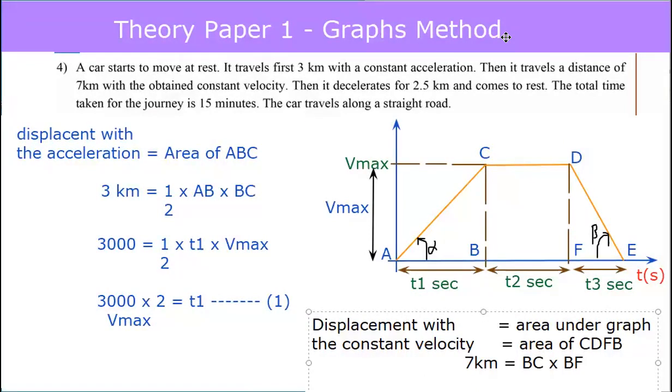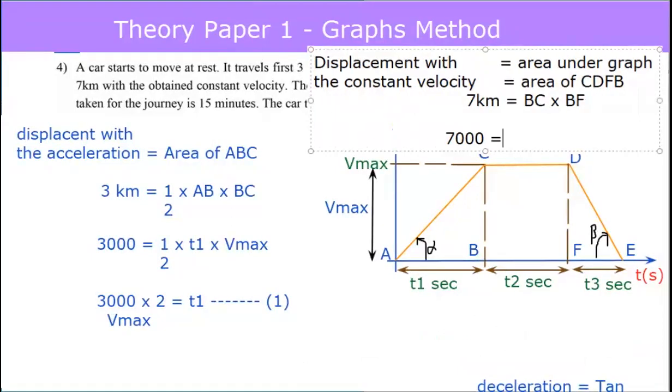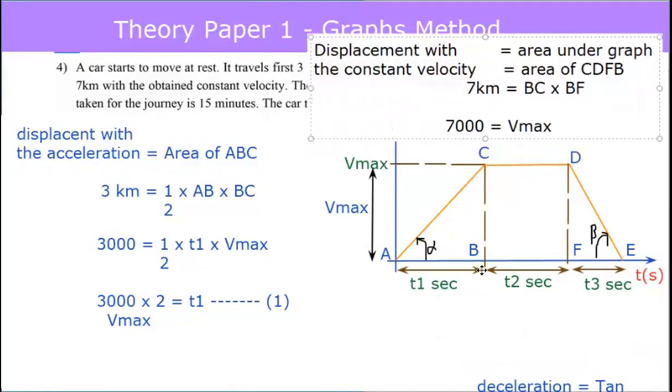Let me move it here. So 7 kilometer means 7,000 meters. 7,000 meters into BC, BC is Vmax. BC is Vmax into BF is T2. Right? So just take Vmax to the other side so you can subject T2.